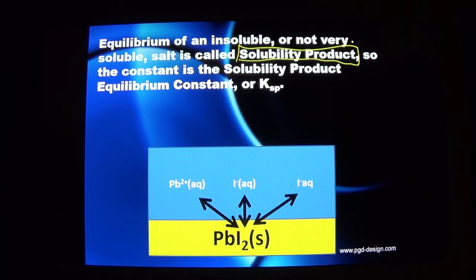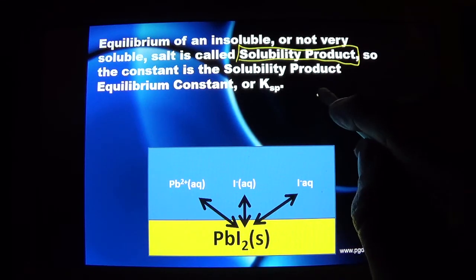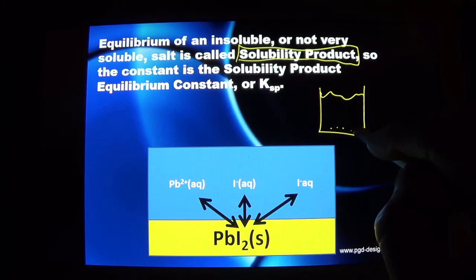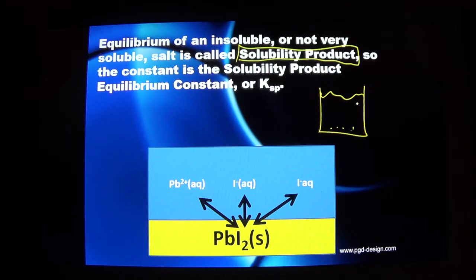Now let me contrast. I have a large beaker of water. I put a few grains of sugar in it. What do I expect to happen? I expect to come back and no sugar is sitting at the bottom. It has all dissolved. That would be a one-way arrow. That would not be a solubility product equilibrium.